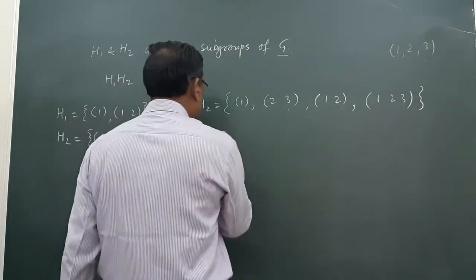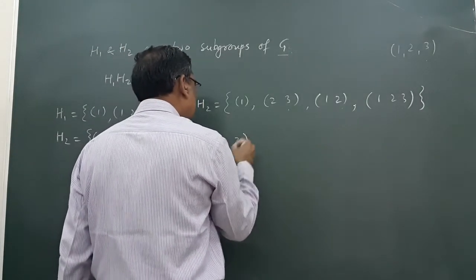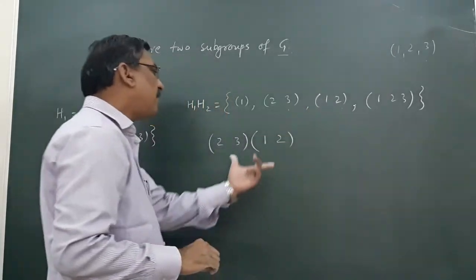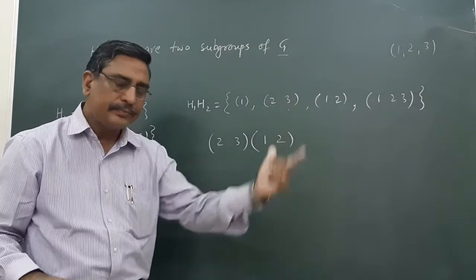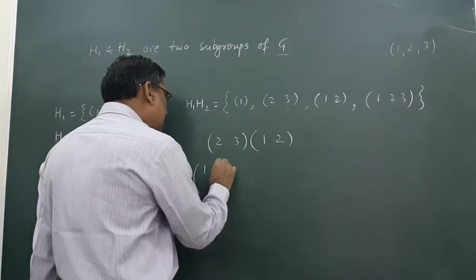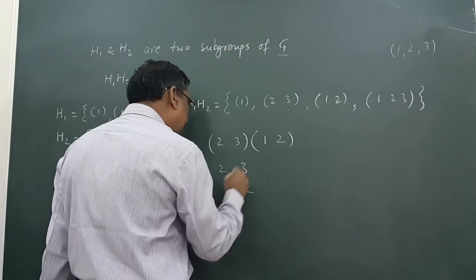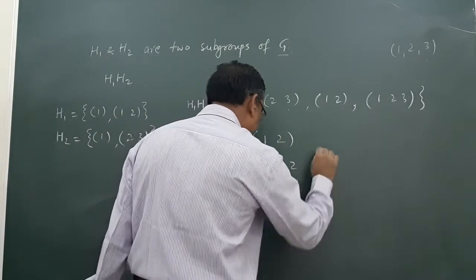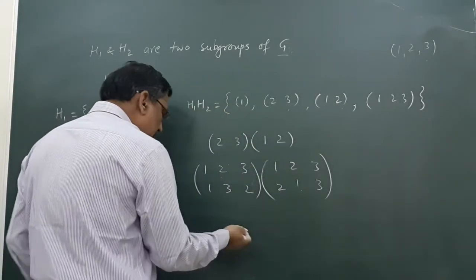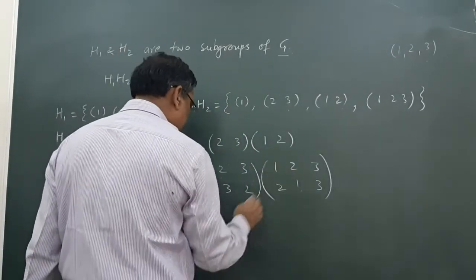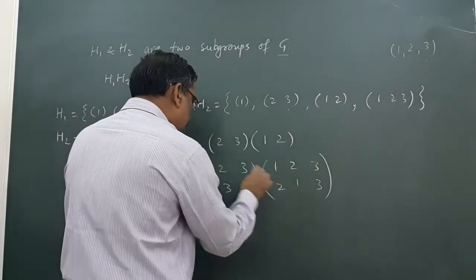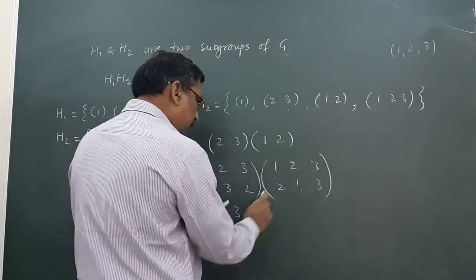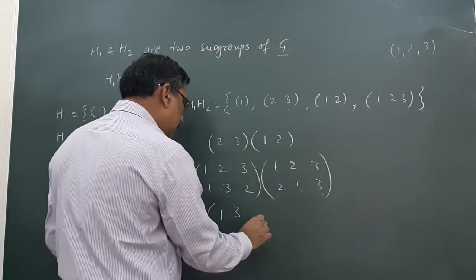In this case, we see that (2 3) and (1 2) are two elements. So let us try to find (2 3) and (1 2). I can write straightforwardly: image of 1 is 2, 2 is 3, so 1 goes to 3, and image of 3 is 3 and 3 is 2, so we get (1 3 2).